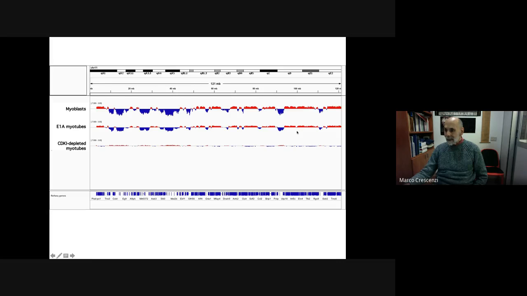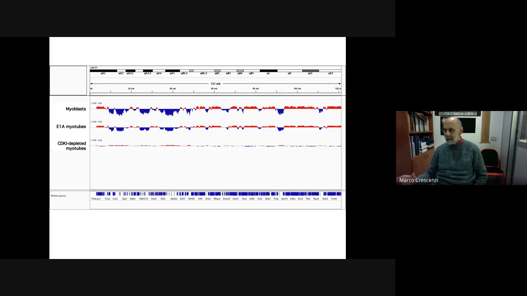If they have it, then it means CDKI depletion eliminates a DNA replication timing that is already there in the myotubes even before they are reactivated. I'm simplifying, but that's the basic idea.